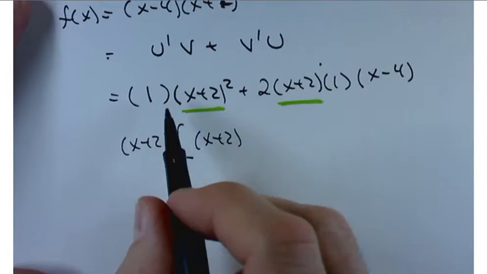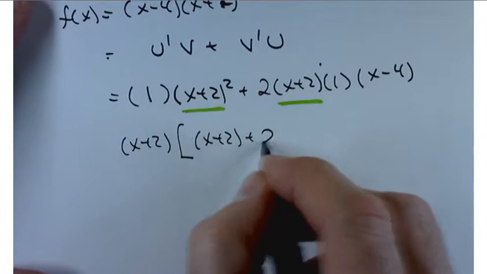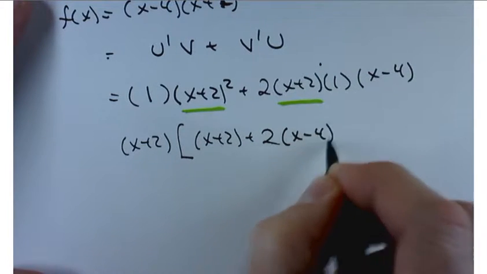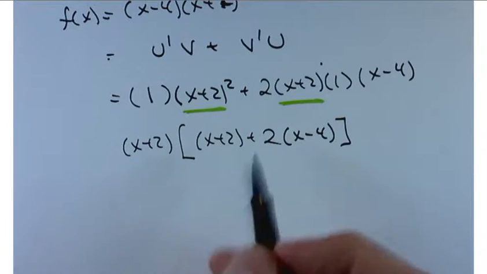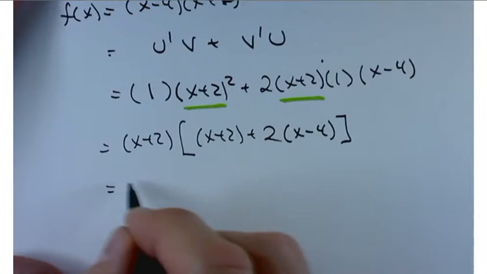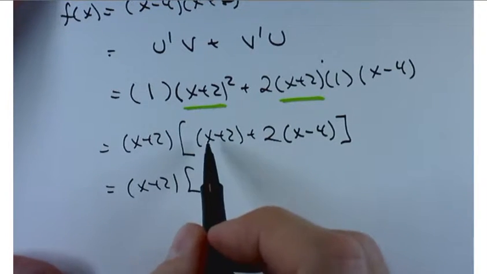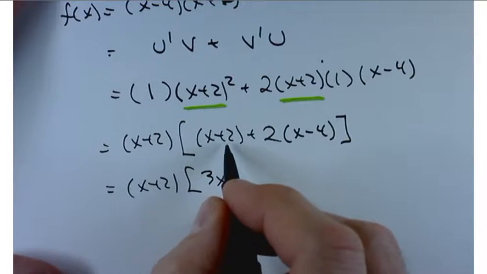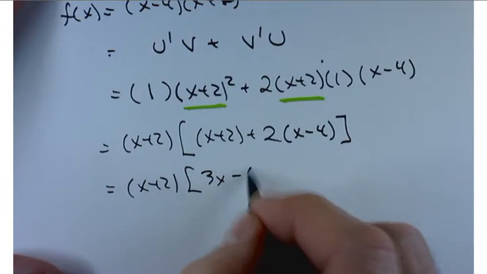And that leaves behind x plus 2 plus 2 times what? x minus 4. And now all I have to do is combine a couple linear terms here. That's going to be x plus 2 times, I'll have x plus 2x, that'll be 3x. And then 2 minus 8 will be a minus 6.